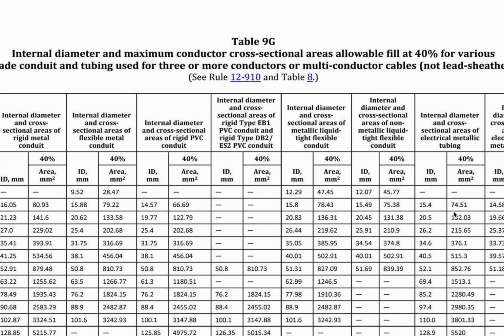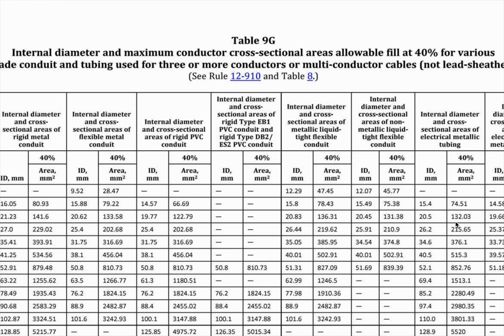So for example, if you need 550 mm2 of area for 10 wires that you found in table 6, you can see that for 550 mm2 you can't use this row.